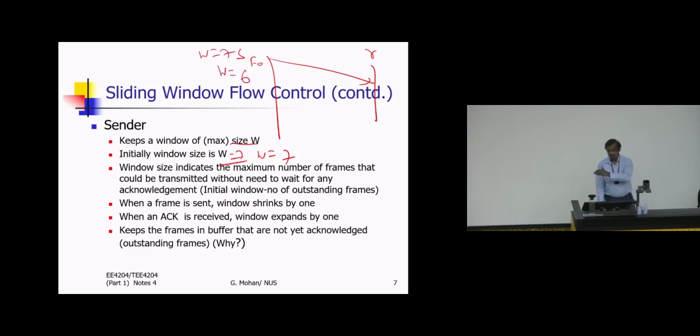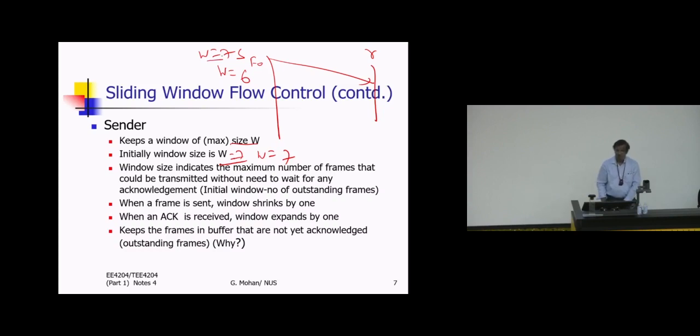When it sends one frame, the value of W, which is some variable in the program, is decreased by 1. W becomes 6. So we say that the window shrinks by 1. What does it mean?